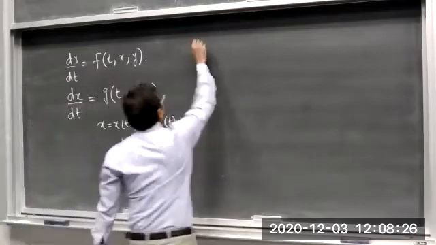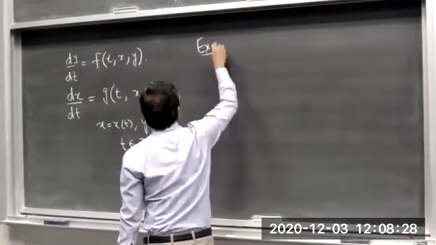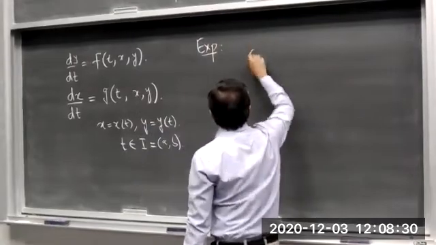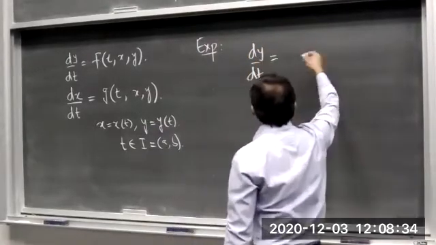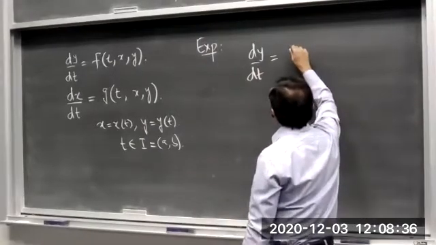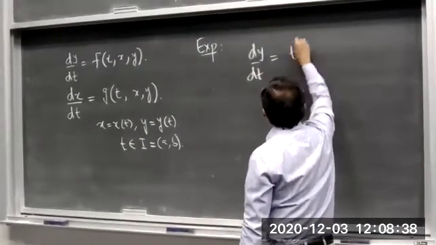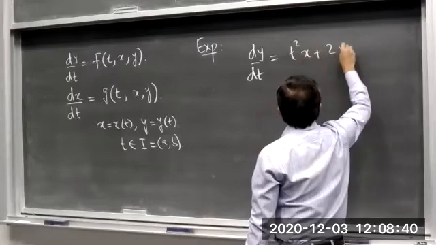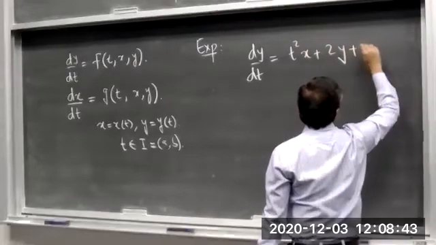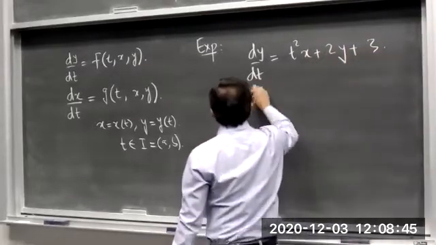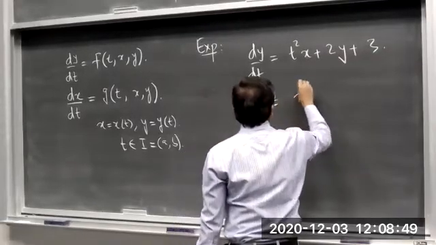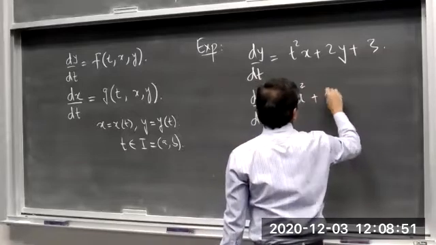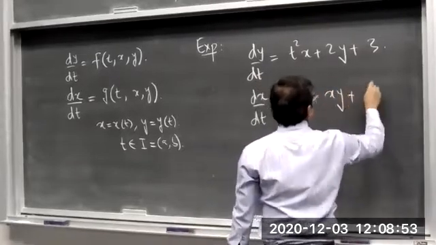Let us write an example of this. dy by dt is equal to t x square plus 2y plus maybe 3, and dx by dt is equal to x square plus maybe xy plus sine t.